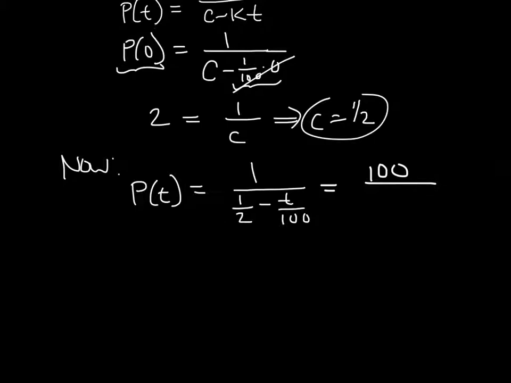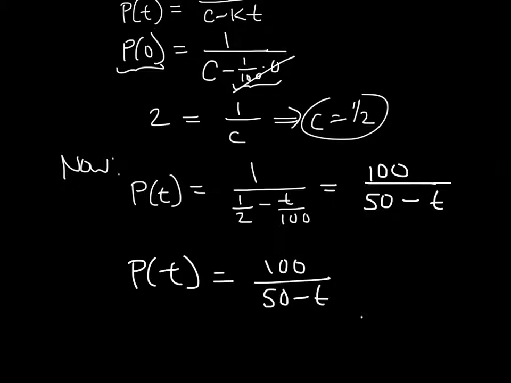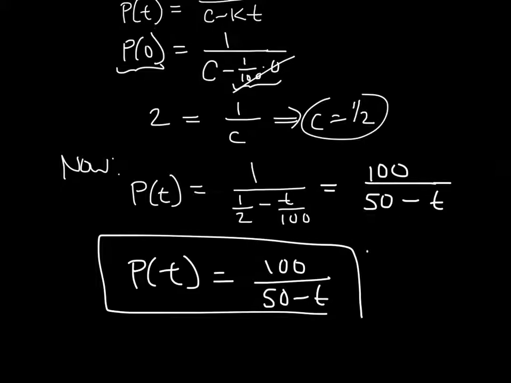This is a complex fraction, so we get 50 minus t, just using a little bit of algebra. So we have P of t equals 100 over 50 minus t. This is a nice particular solution, a formula that predicts our population as time goes by.